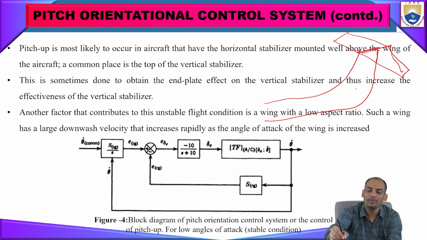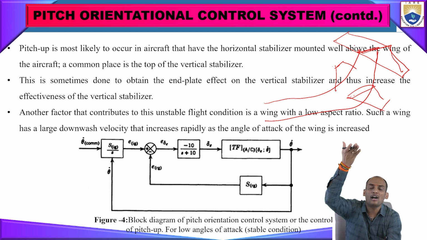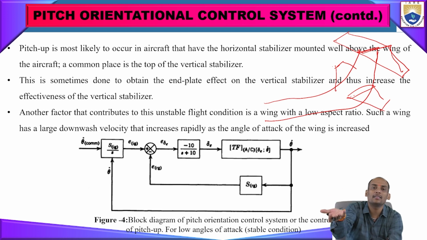What happens if it is in a middle position or down position? We can achieve a stable condition there, but for high performance aircraft, it won't be like that. That is why in high speed jets and private jets, the tail part will be on the upper side of the aircraft. For subsonic flight and passenger aircraft, it will be the middle or down part of the tail.